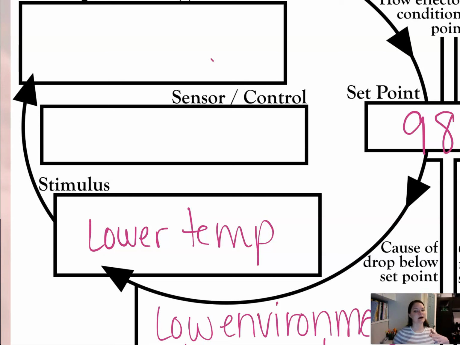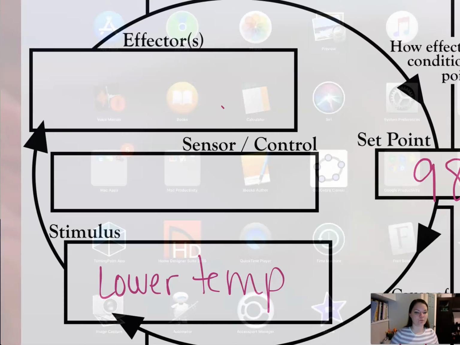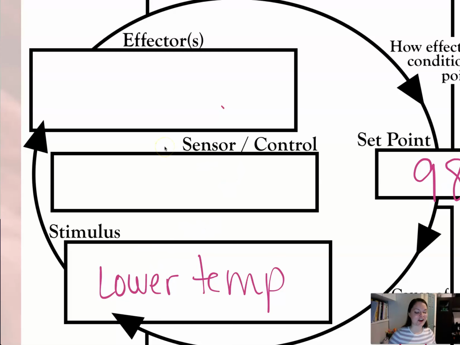It's that your body will start to actually cool down. The body temperature drops below 98.6, and that's going to be your stimulus, that drop in body temperature that can then be recognized by a sensor called the hypothalamus.